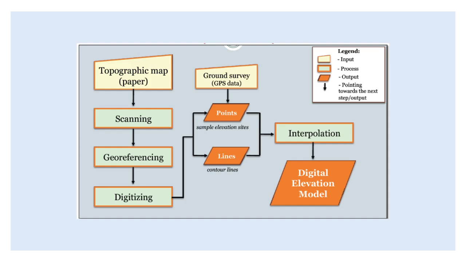We will increase this point data or the line data by doing the interpolation, using the sample sites. And finally the output is a digital elevation model. So this is just to say why we are including the interpolation.